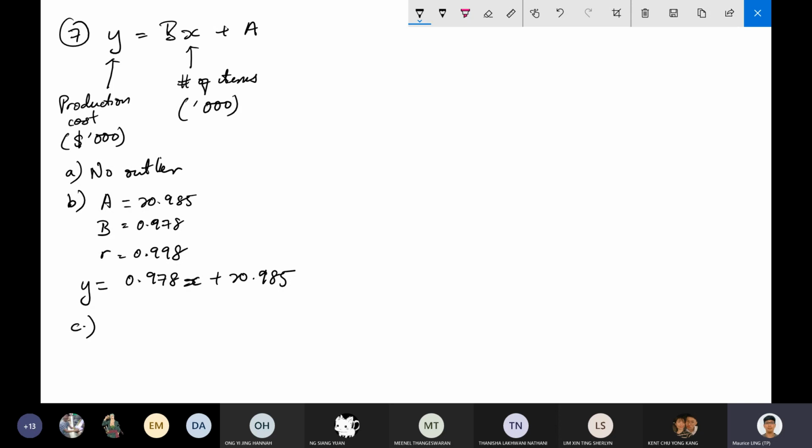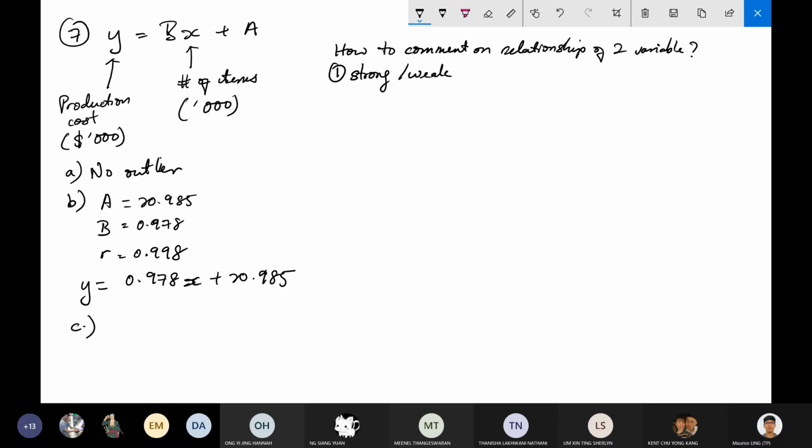All right, so C, comment on the relationship. Let me show you how to comment on the relationship of two variables. There is a set of words that you need to use. Number one is whether it is strong or weak. Second is whether it is positive or negative.